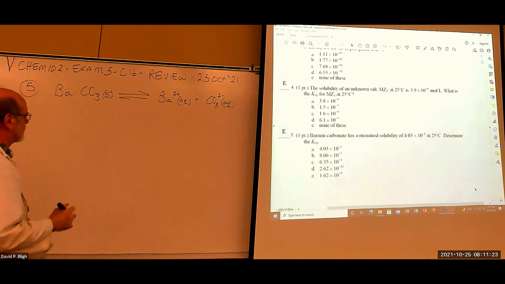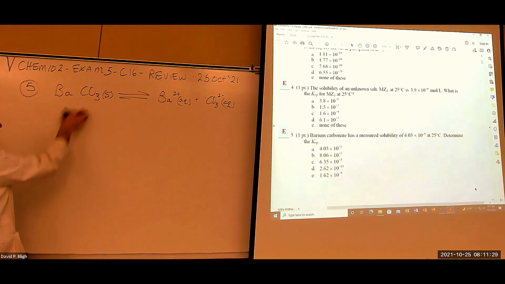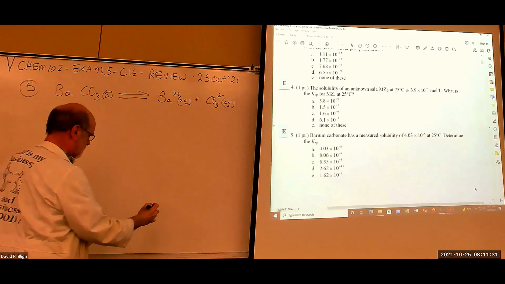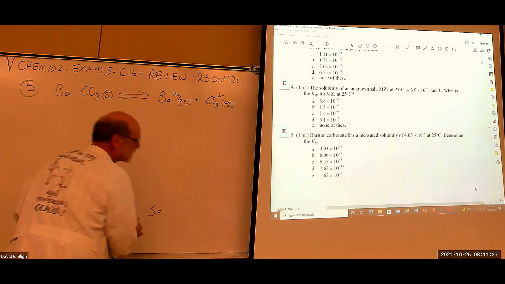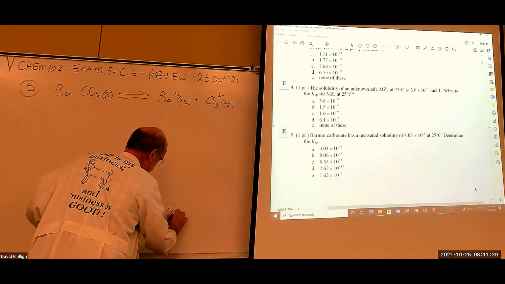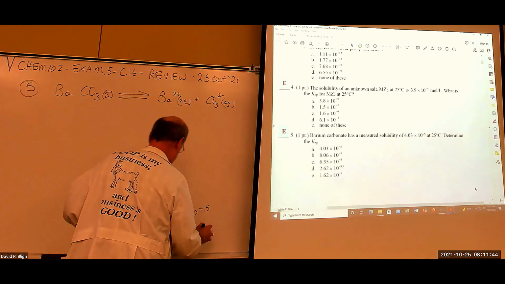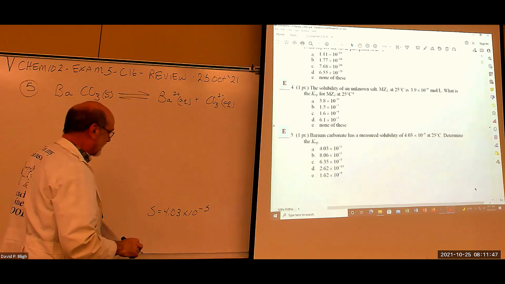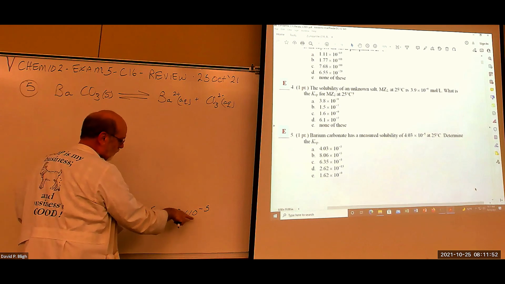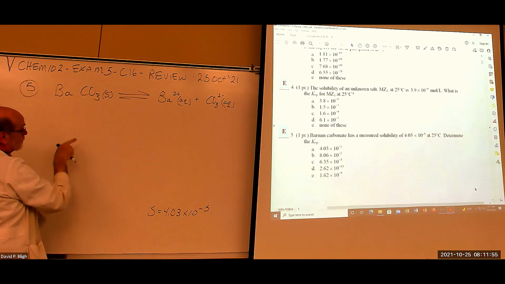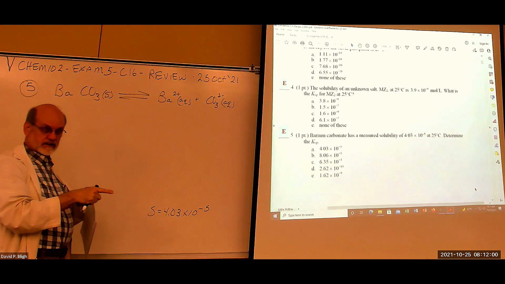The solubility is 4.03 times 10 to the minus 5. What does that mean? That means that this is molar. So that's that many moles per liter of this compound going into solution.